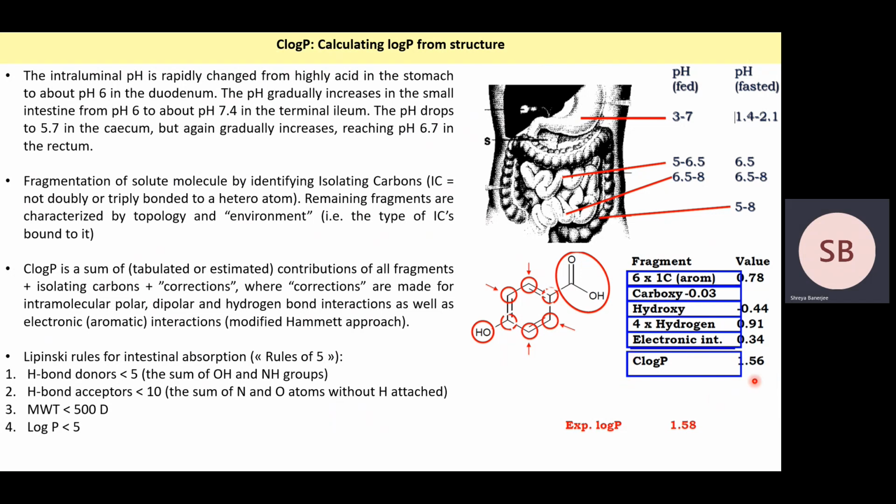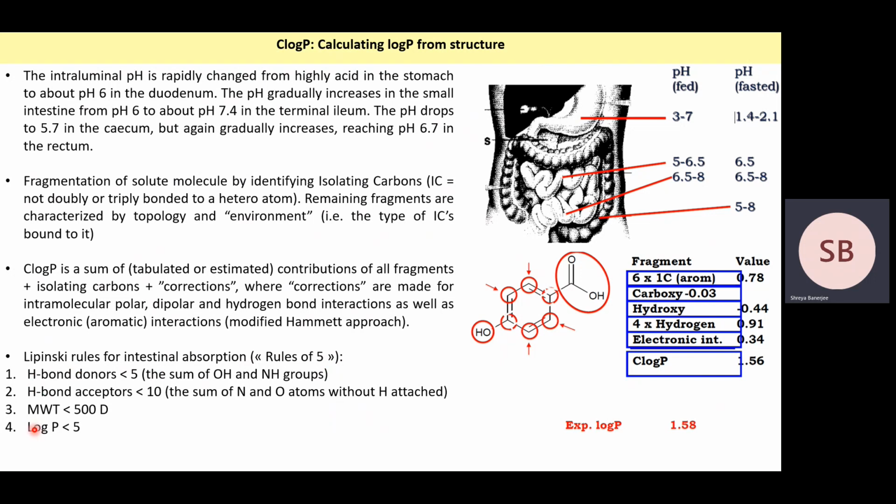The clog P predicted for this structure is 1.56, and experimentally it is 1.58. So it's pretty close to each other. There is a rule for intestinal absorption called Lipinski's rules or rules of 5.